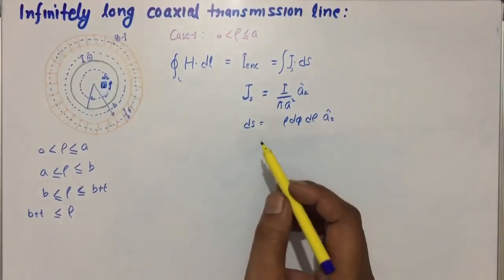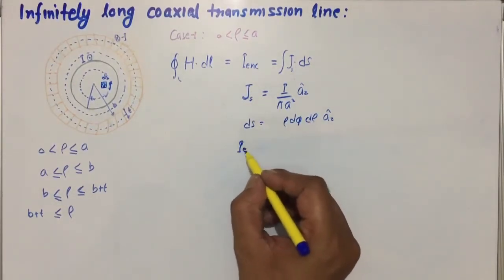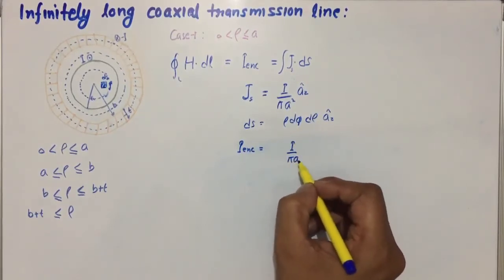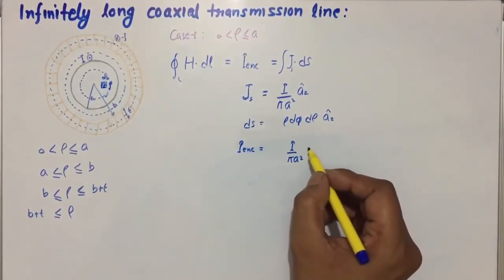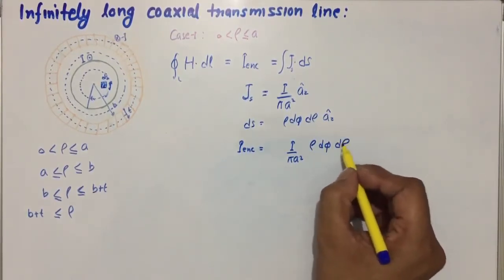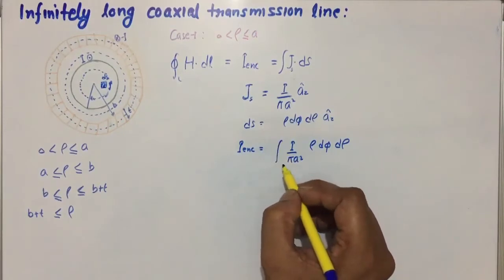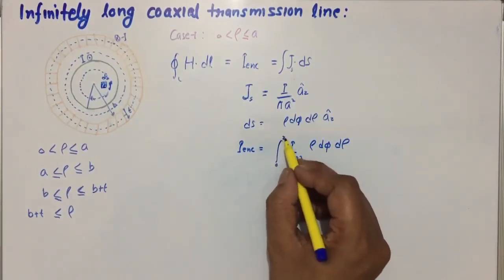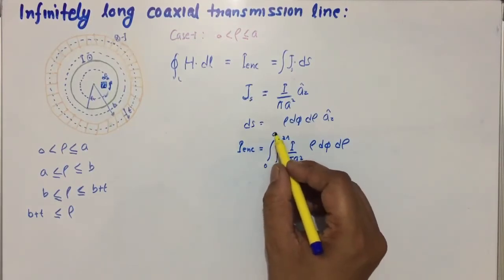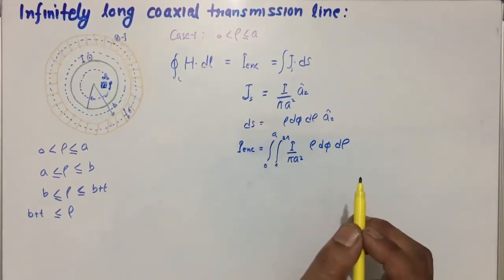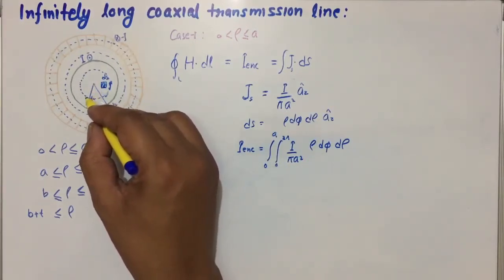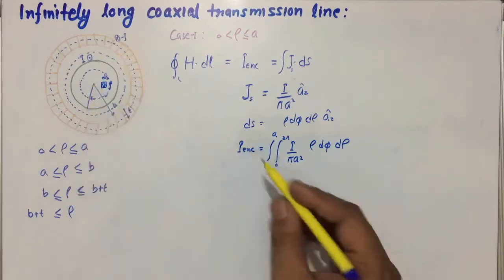Now if we find I enclosed, it can be written as the integral of J az dot ds, where phi varies from 0 to 2 pi and rho varies from 0 to a. However, the observer is varying from here to here.